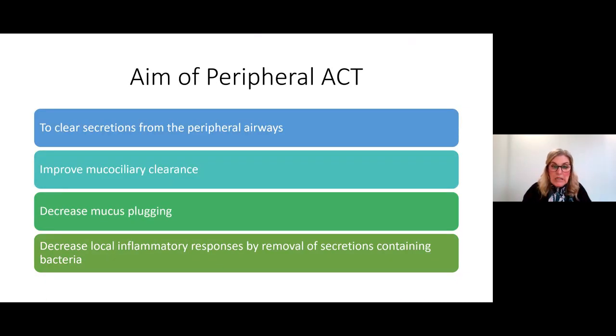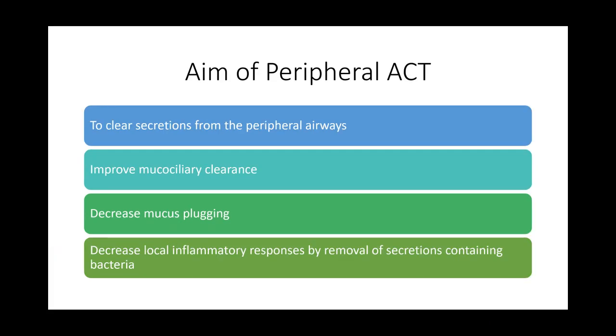So putting it into context with regards to the disease lung and the effects that disease has on it, the aims of the peripheral airway clearance techniques are to clear the secretions from the peripheral airways, to improve the mucociliary clearance, to decrease the mucus plugging, which in turn, by getting rid of the mucus plugging and the secretions, will help to decrease that local inflammatory response from the bacteria sitting there.